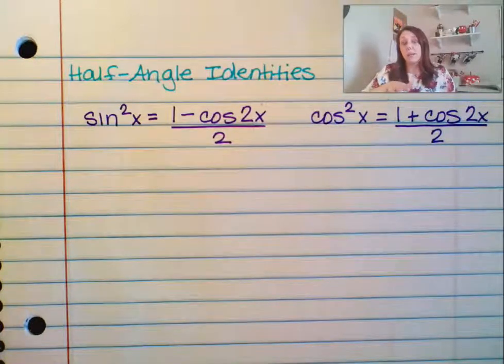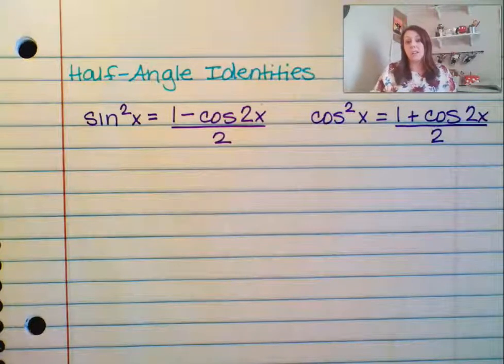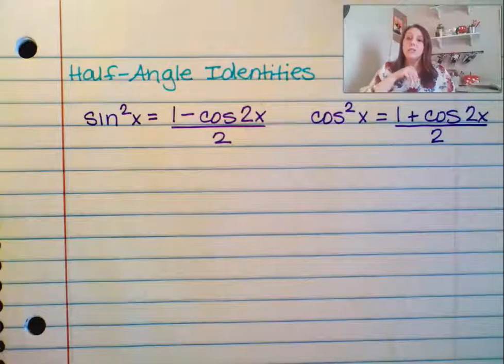So with that in mind, I've already written here the sine squared and cosine squared power reducing identities that we proved previously. The processes that we're going to use to find the half-angle identities for sine and cosine are based on these two relationships that we already know are true. Each of these requires a two-step process.